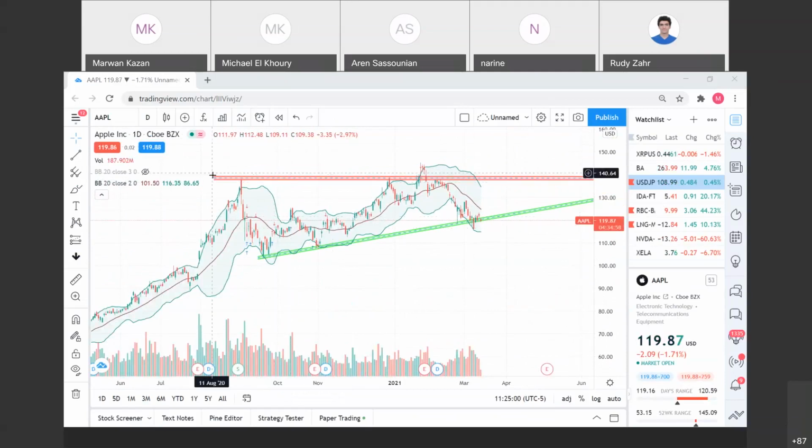This is Apple. So what can you see here? I left the support, and with me in December exactly. I heard the news about the Apple car or something, so I was like, I want to invest.